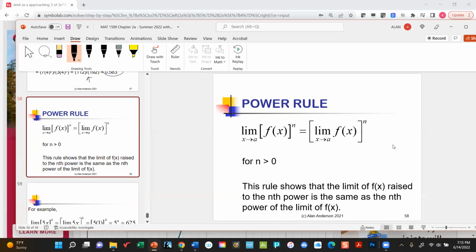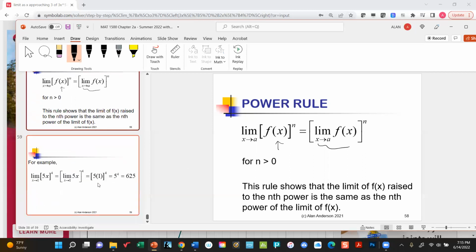But this only works if n is strictly positive. For a second, I thought it was the same thing, and I realized no. The brackets here tell me that in this case, I'm taking the limit of f of x first, and then I'm applying the exponent, whereas here, I'm actually applying the exponent, and then I'm taking the limit.